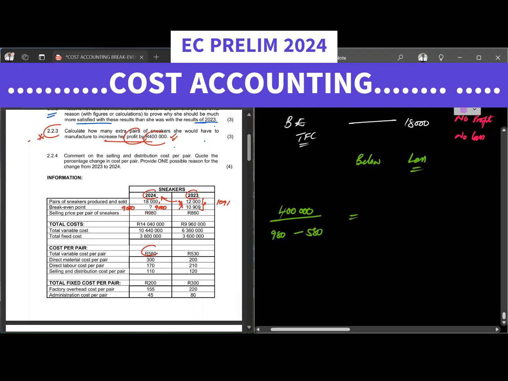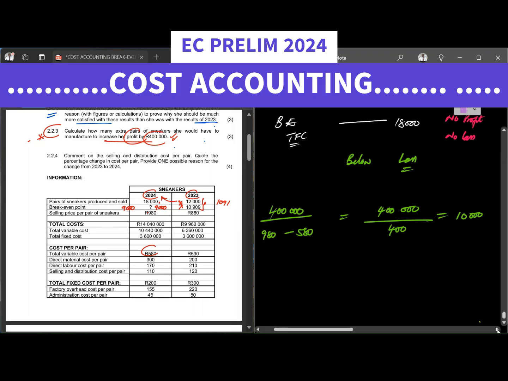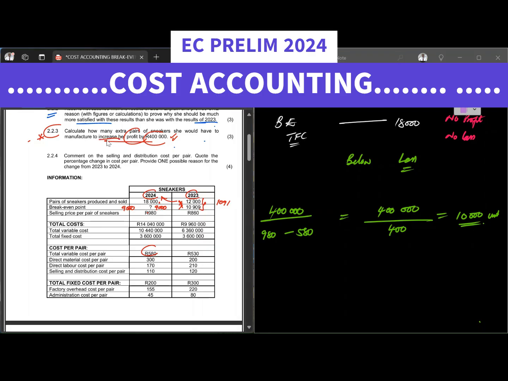So in other words, it is simply again your 400,000, and then we are going to divide that by 400, and then it will give you 10,000 units. So the answer therefore becomes your 10,000 units. We will have to produce 10,000 units if we are to increase the profit by 400,000. That was the main reason of doing this particular video.